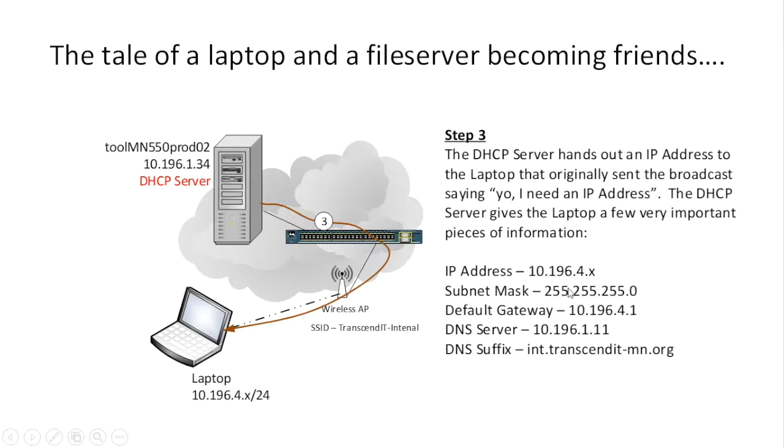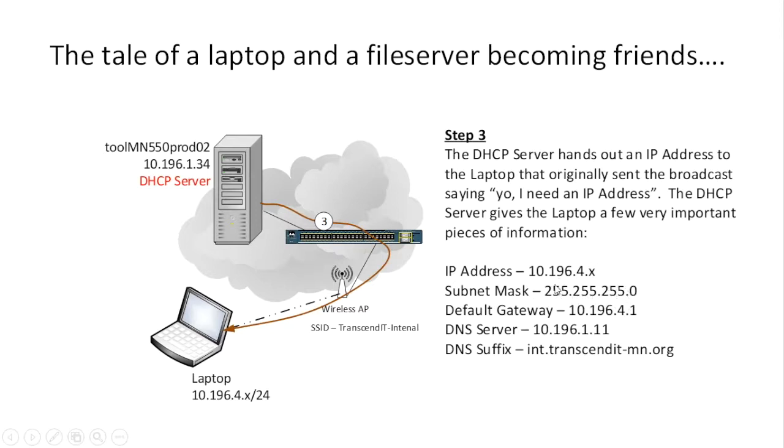So this 255.255.255.0 is just a way to essentially group every device into this subnet. So 10.196.4. whatever, this last octet being between 1 and 254 is based on the fact that this subnet mask is written out this way.